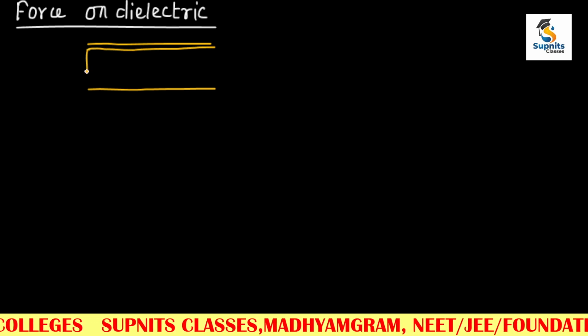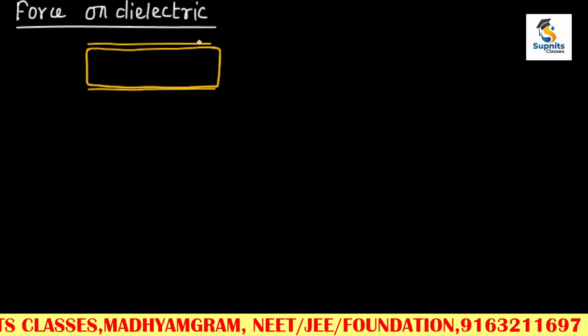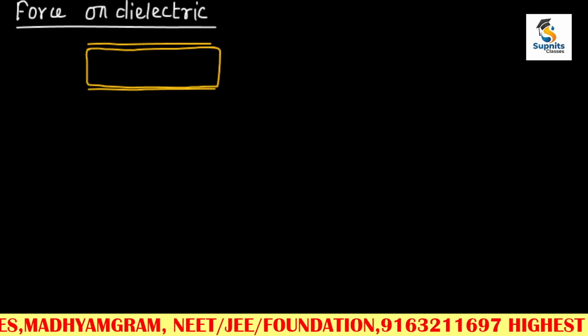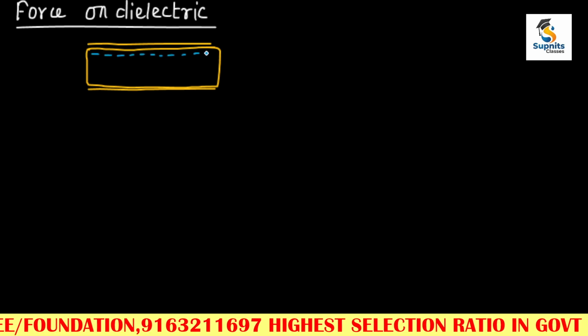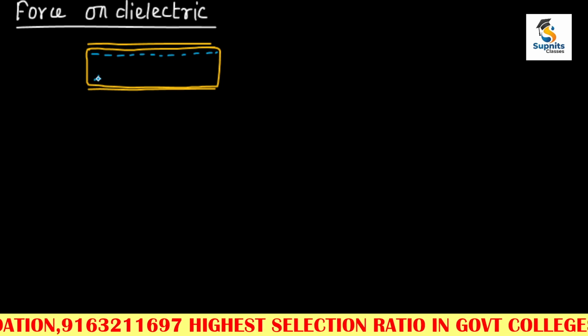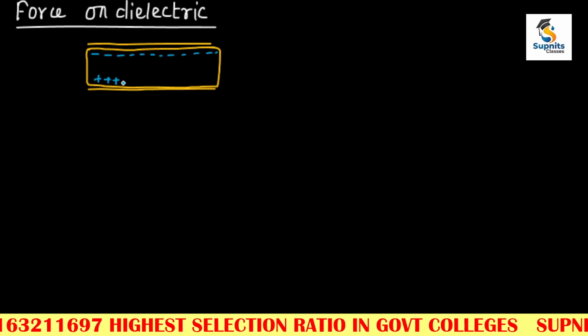if there is a dielectric inserted like this, which is completely filled into it, I am just showing a gap just to demarcate the dielectric. So in that case there will be negative charges of the dielectric like this, and here there will be positive charges of the dielectrics like this.